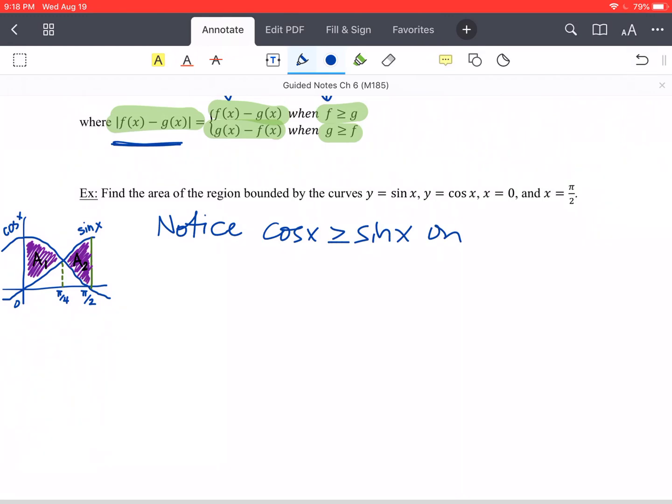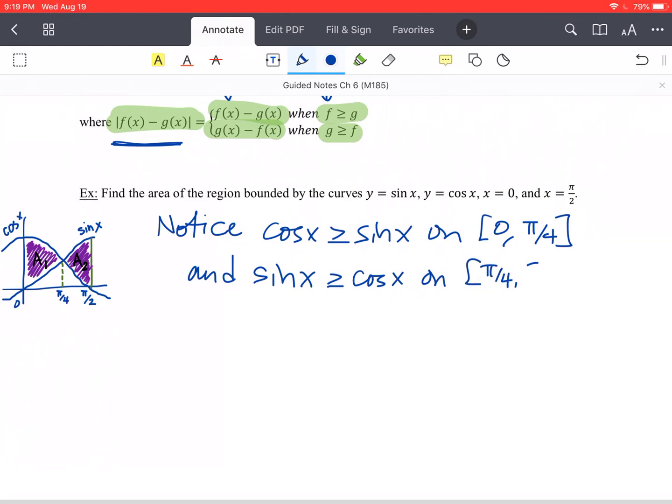That's the place where they intersect. So 0 to pi over 4. And once you pass pi over 4, sine becomes larger. Sine of x is greater than or equal to cosine of x on pi over 4 to pi over 2.